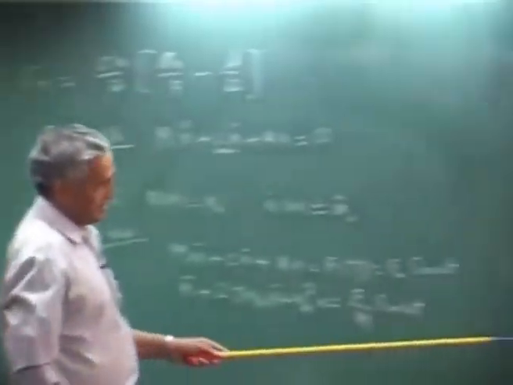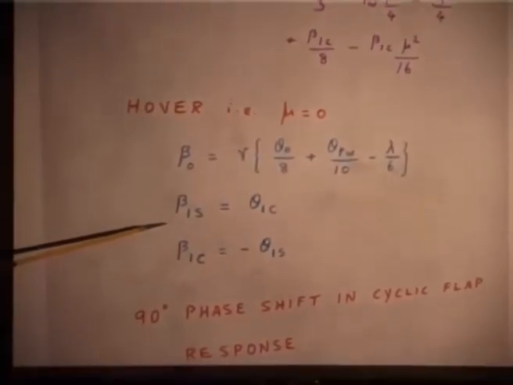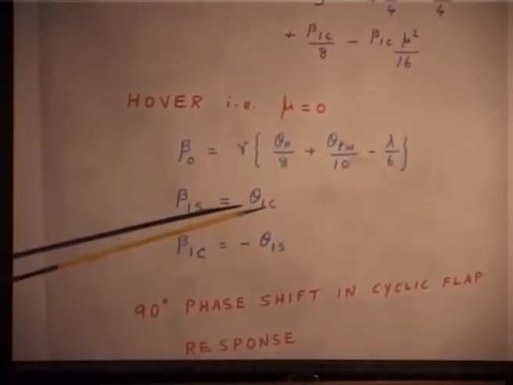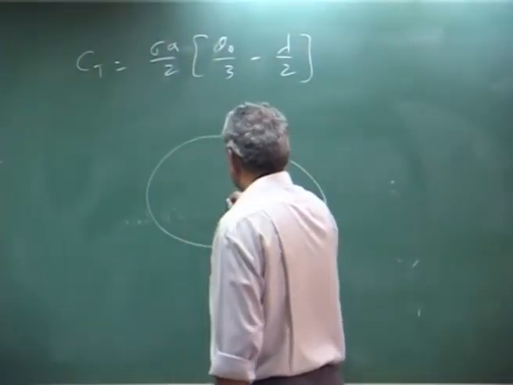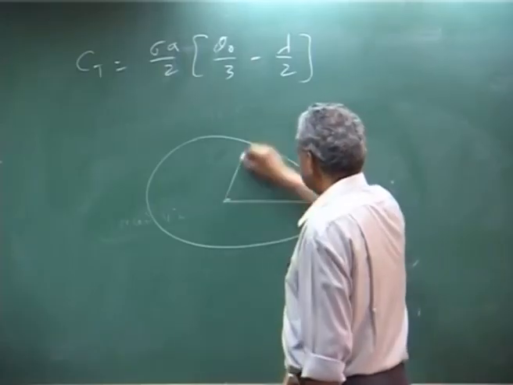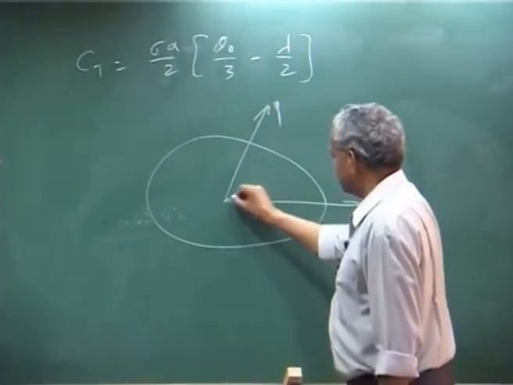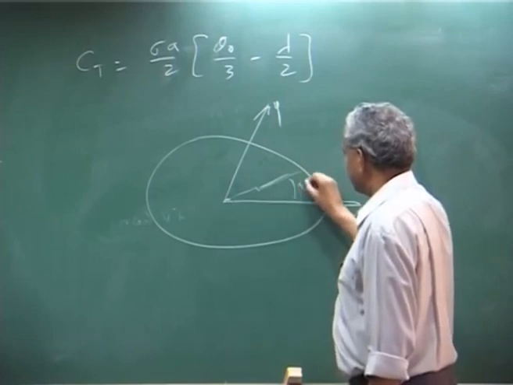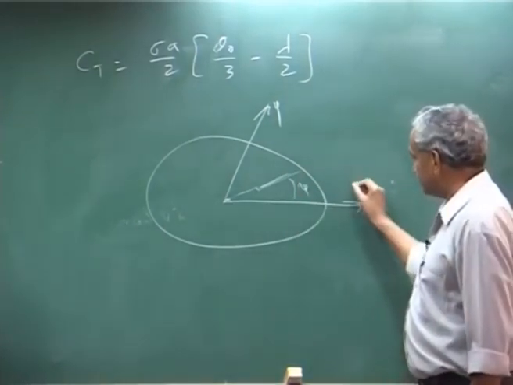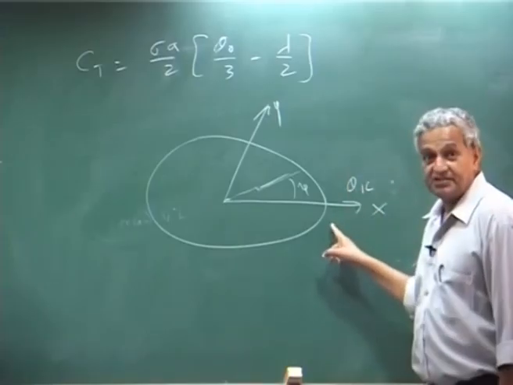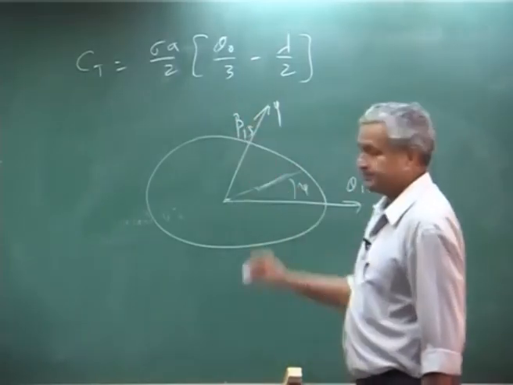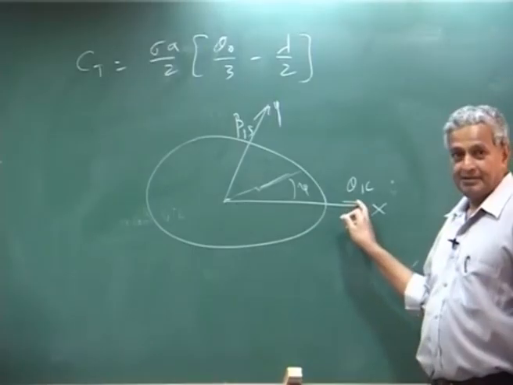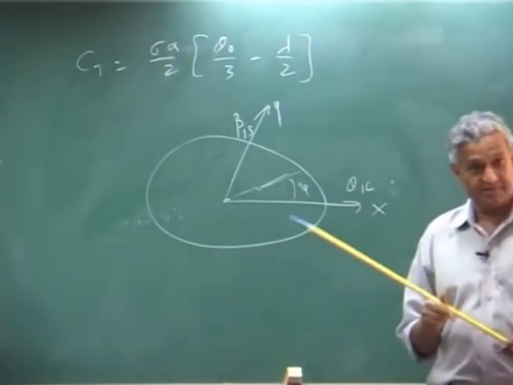Because from this equation, beta 1 S is related to theta 1 C. That means, when I change my pitch angle, if I take this as my rotor, this is my X, this is my Y, and my psi is, if I change here, the pitch angle gets changed here, because theta 1 C is pitch.